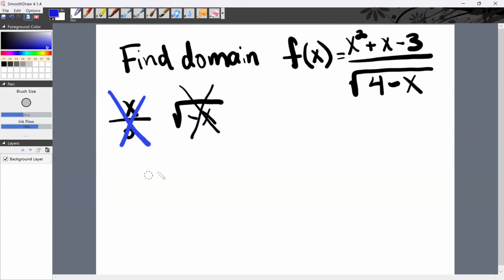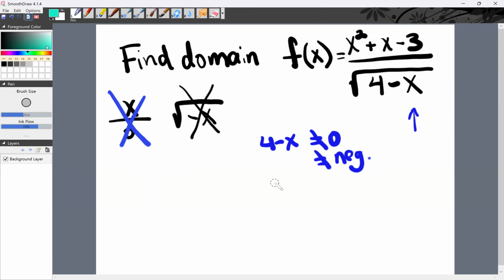So, we know that whatever we plug in for x, we want the result to not be 0, and we do not want it to be a negative number. Okay, so let's play around with it and see what we come up with.